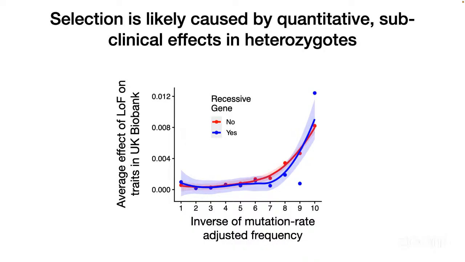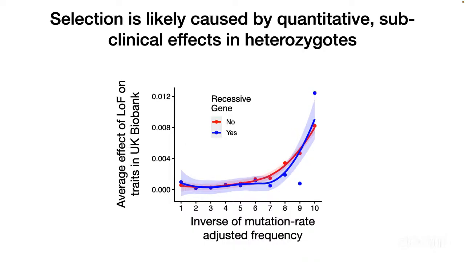So on the x-axis here is some measure of the frequency adjusted for the mutation rate. This is maybe the worst axis label I've ever written, but you can think about this as adjusting for what we expect selective constraint to be without having to invoke selection.